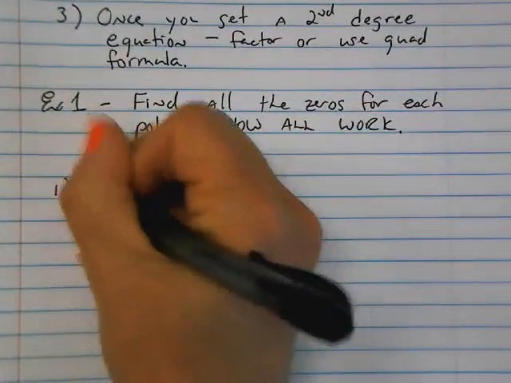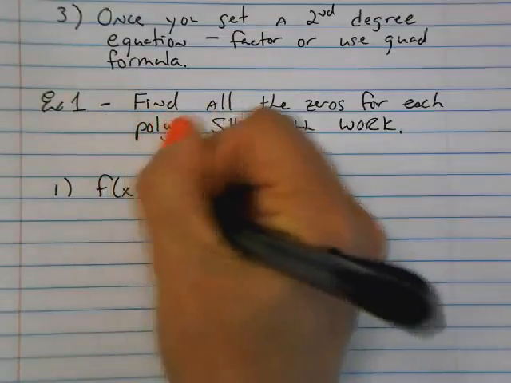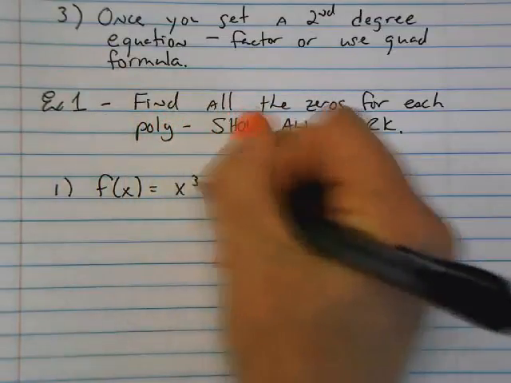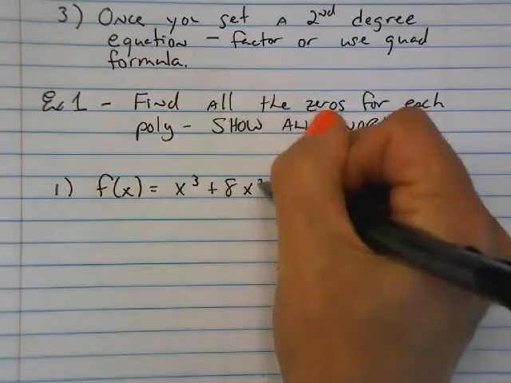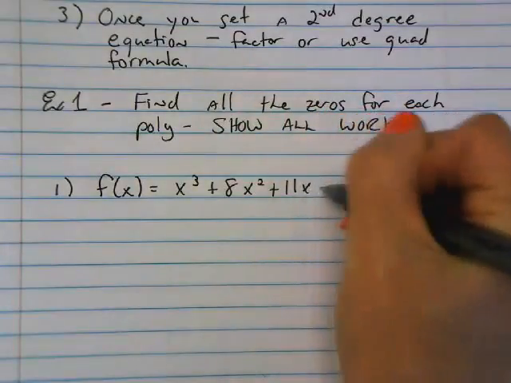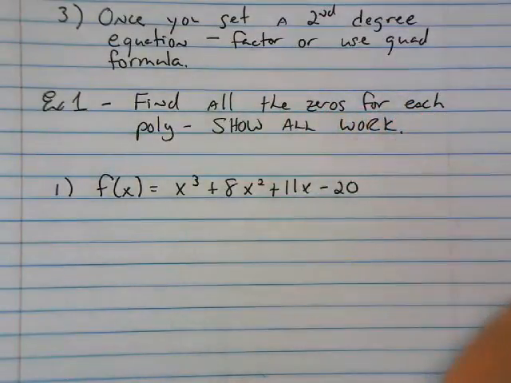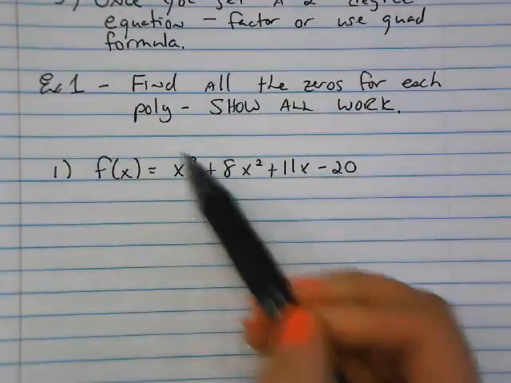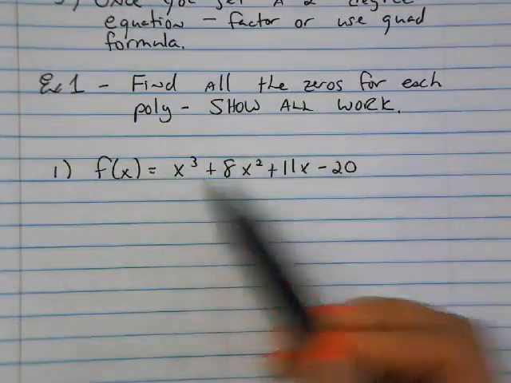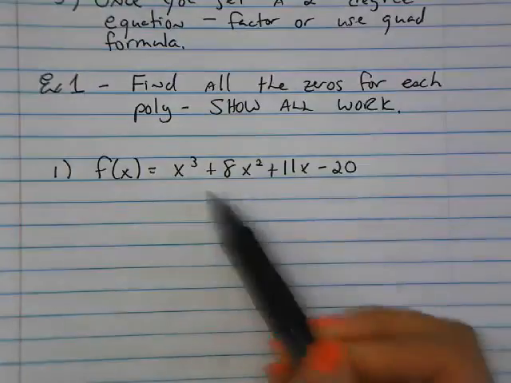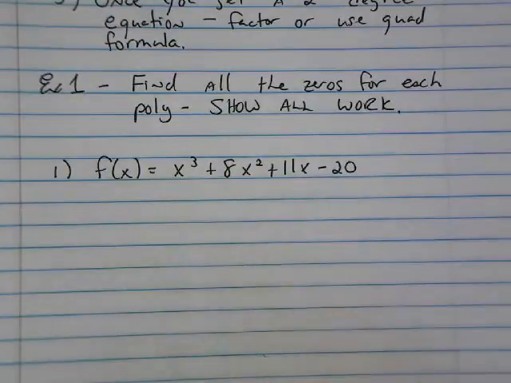So number 1, f of x is equal to x cubed plus 8x squared plus 11x minus 20. You could try to do the whole putting them into pairs, but if you notice, they're not going to have the same factor, which means this does not factor.